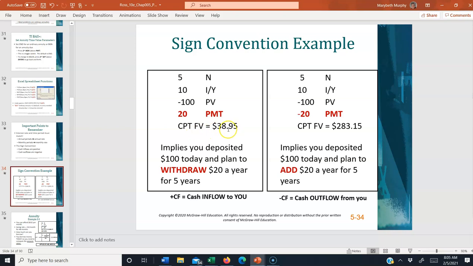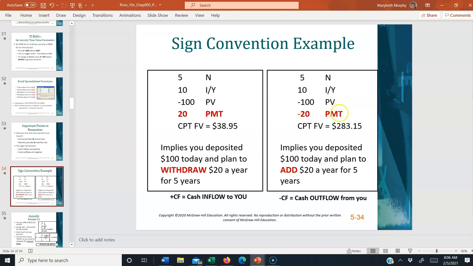So the future value is $38.95. In this example, it implies you deposited $100 today and plan to add $20 a year for 5 years. So N is 5, interest rate is 10, the present value, what we deposited today, was minus 100.